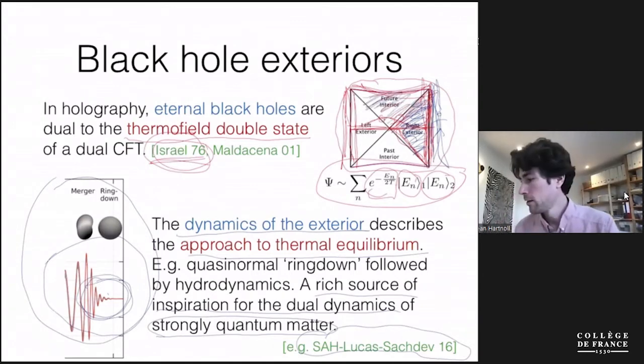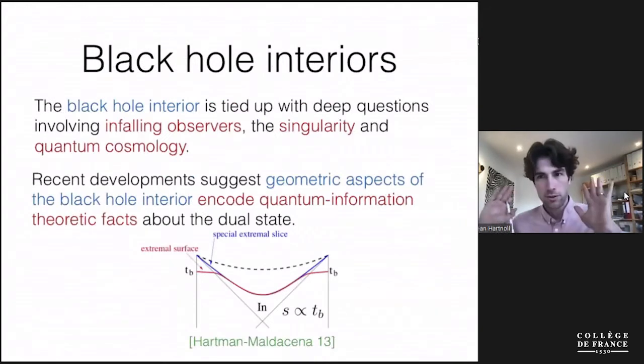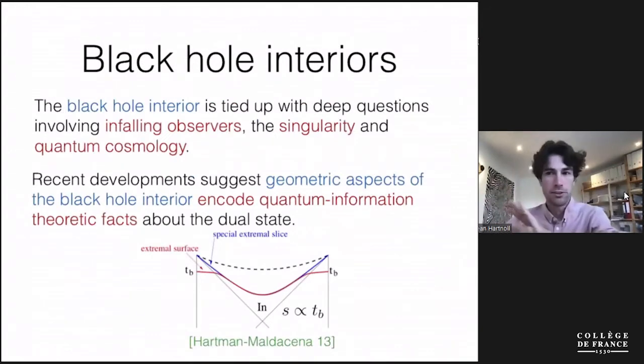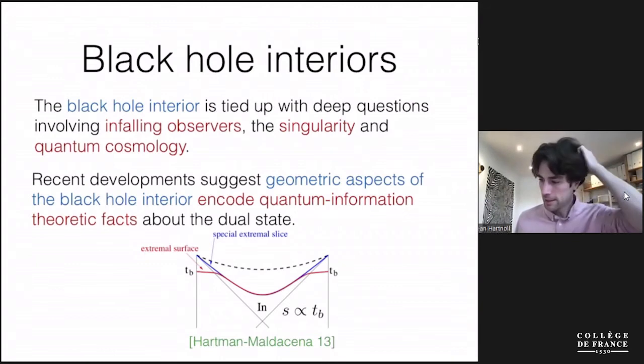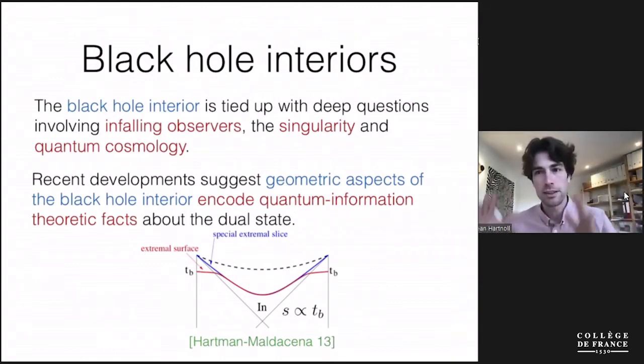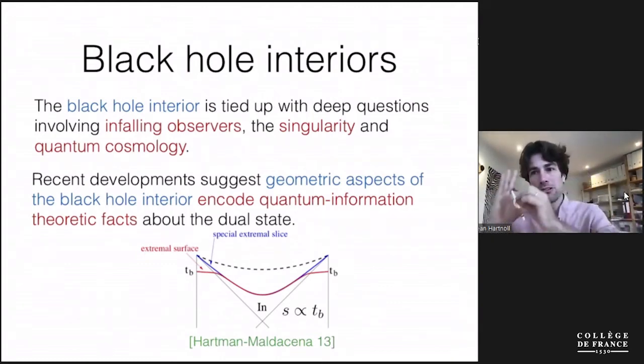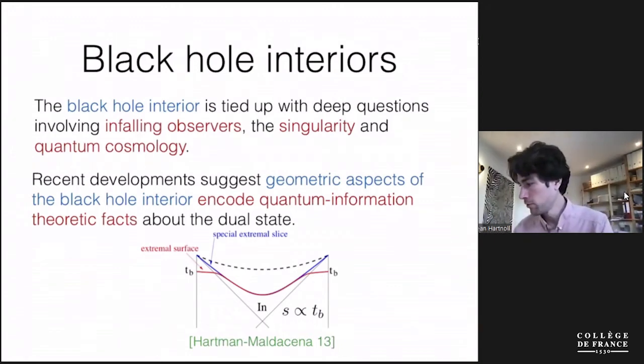Okay, so one more time, the outside of the black hole is completely understood, what it means and what it does. But the inside is tied up with very deep questions, such as in AdS/CFT, how do you describe an infalling observer? Because remember, here was the Penrose diagram.